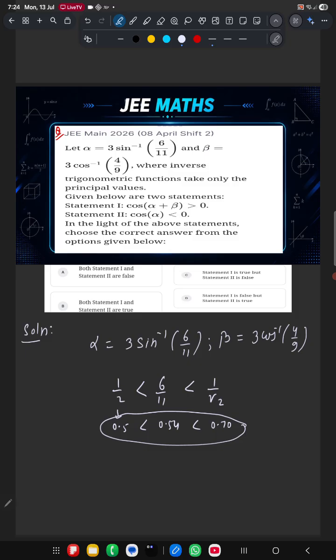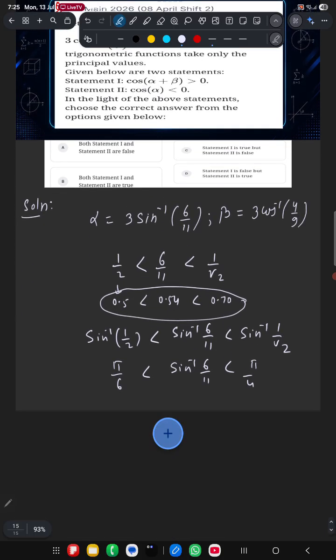Therefore, if we apply sine inverse to this inequality, sine inverse 1 by 2 is less than sine inverse 6 by 11, which is less than sine inverse 1 by root 2. Sine inverse 1 by 2 is pi by 6, and sine inverse 1 by root 2 is pi by 4.